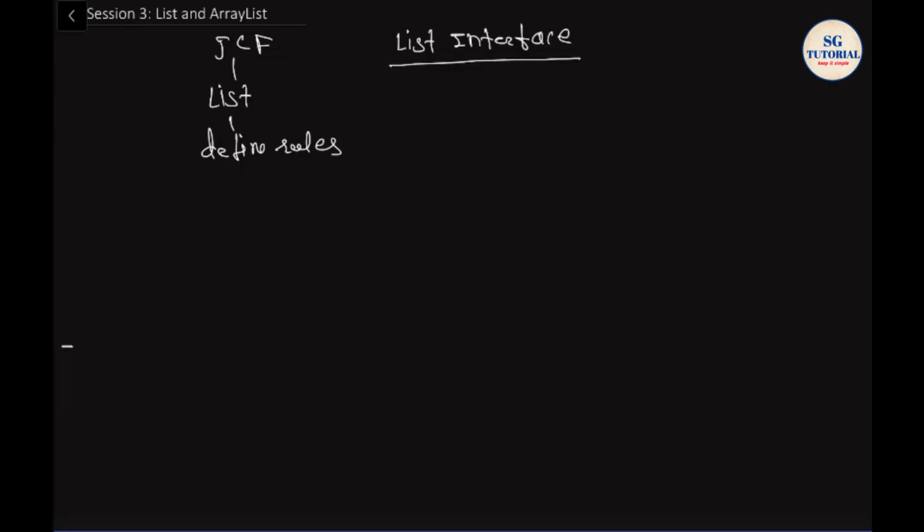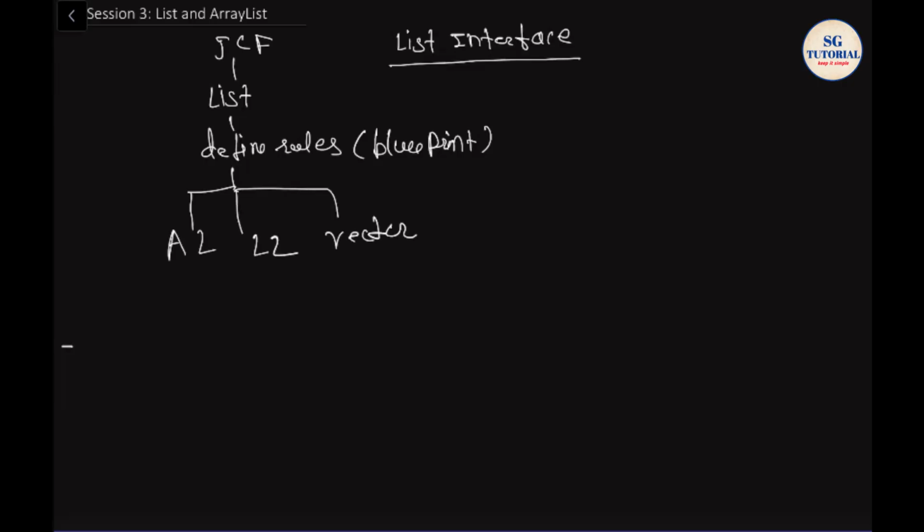It only defines the rules and methods that its implementing classes must follow, right? And therefore we can say list interface is a contract or blueprint that tells its implementation classes like array list, linked list, and vector what rules and methods they must follow.